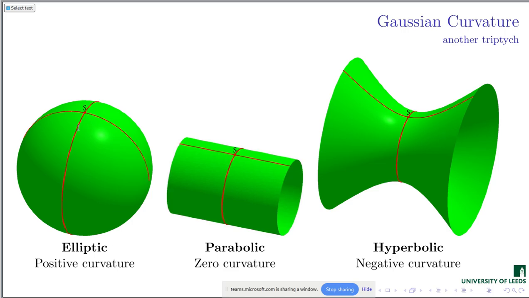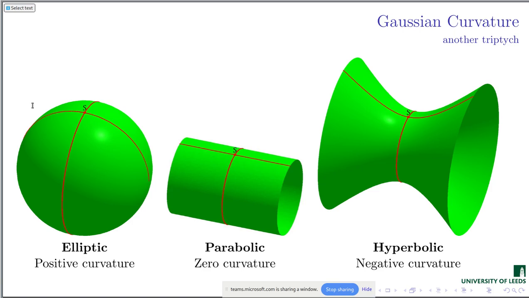So for spheres, they are both positive. For a hyperboloid, one curvature is positive, another is negative, so the product is negative. And for a cylinder, one curvature is equal to 0. We have a straight line here, so the product will be 0 as well. So we may think again about continuous transition between them.